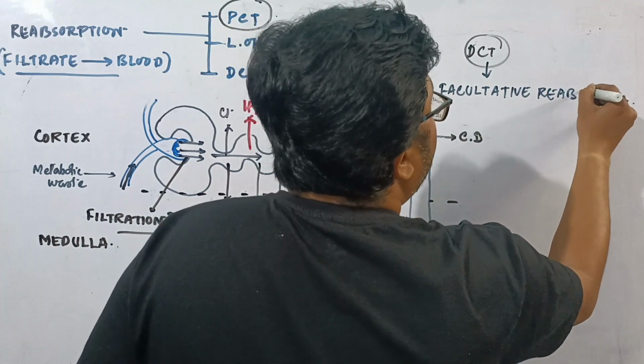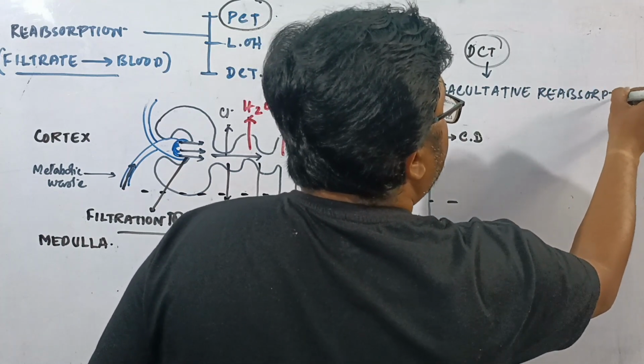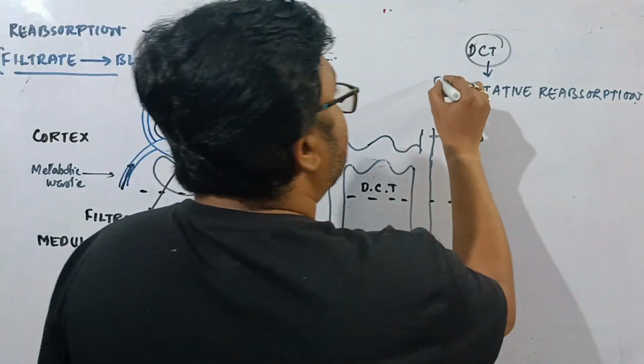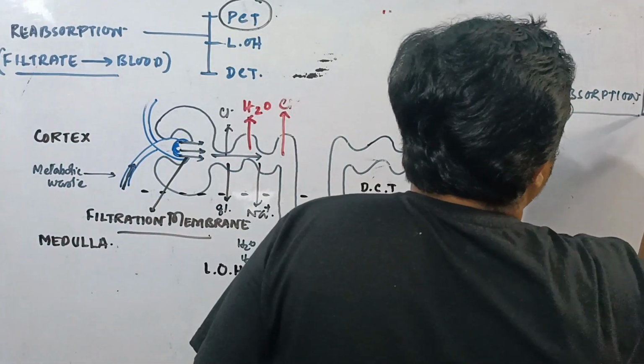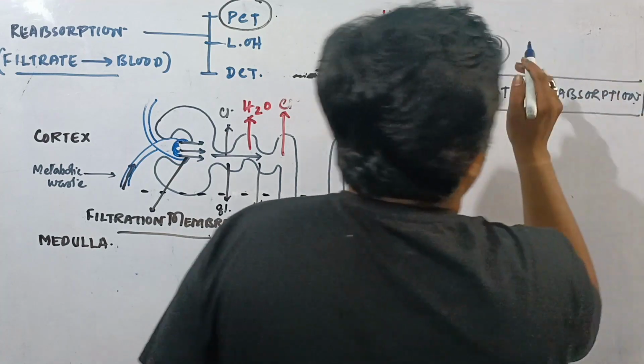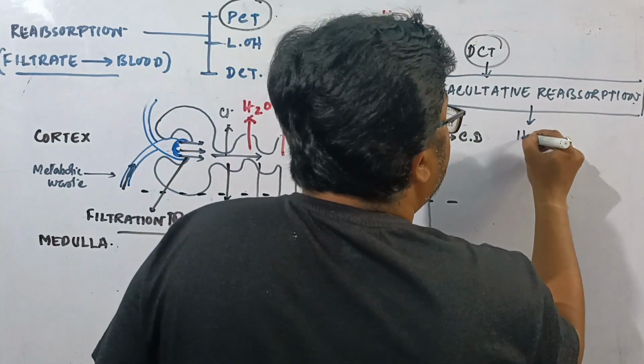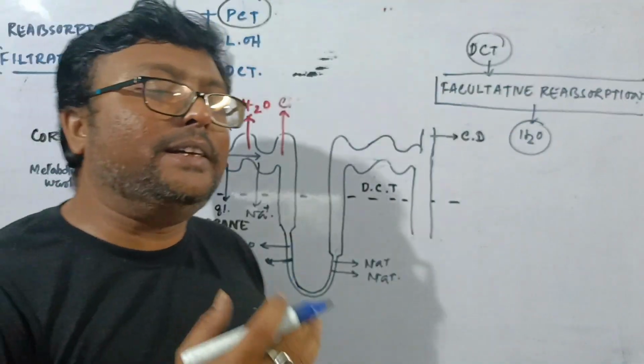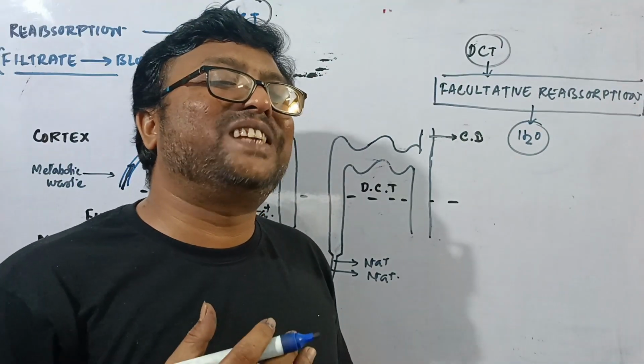Now what is meant by facultative reabsorption আমরা ডিসকাস করব। তার আগে দেখে নিই যে through facultative reabsorption basically we can say that this water is generally reabsorbed, and it takes place under the influence of a hormone known as ADH.